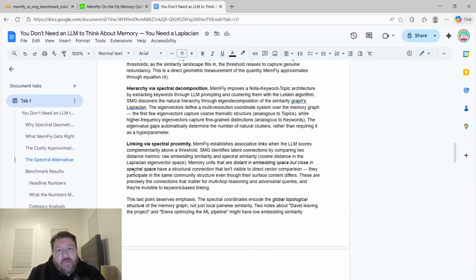The eigenvectors define a multi-resolution coordinate system over the memory graph. The first few eigenvectors capture coarse thematic structure analogous to topics, while higher frequency eigenvectors capture fine-grained distinctions analogous to keywords. The eigenvector gaps automatically determine the number of natural clusters rather than requiring it as a hyperparameter.